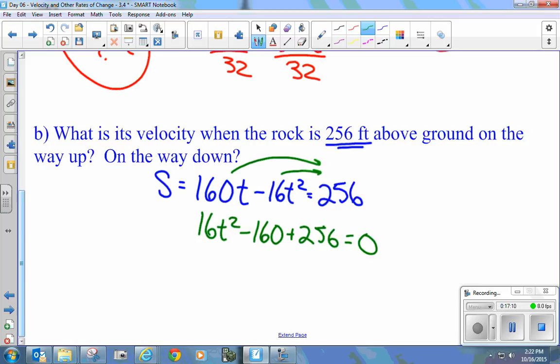Is everybody with me there? That's accurate. This is my t. So I want to figure out the time first, because remember, once I get time, I can put it into my velocity and figure out speed.